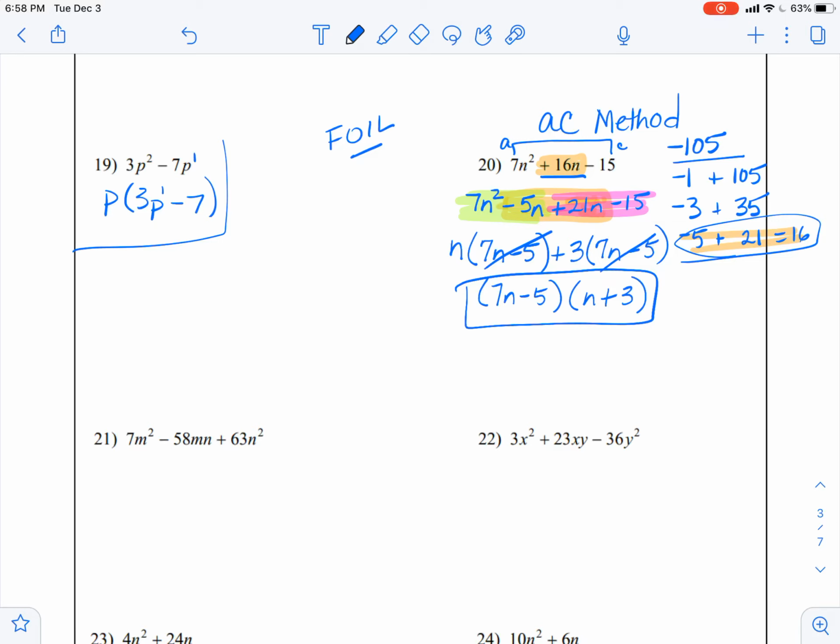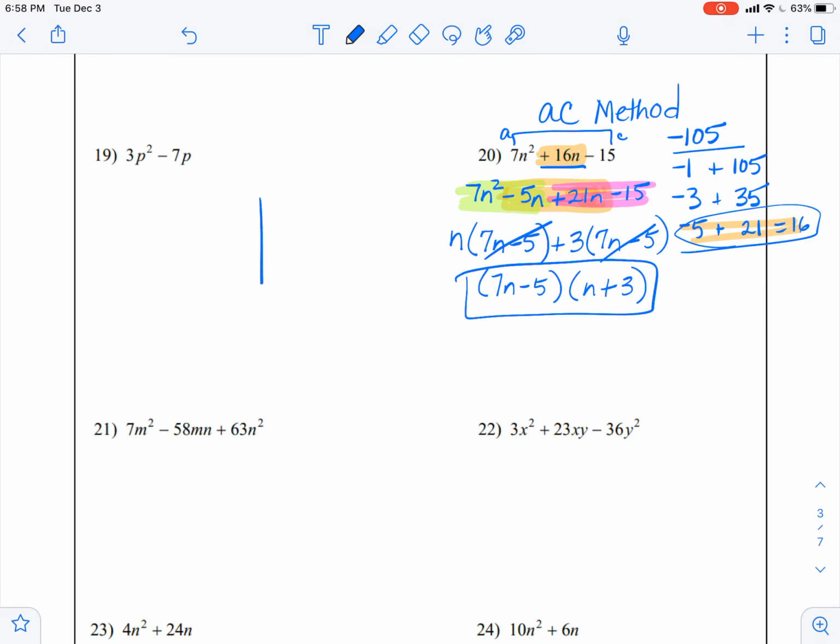Now, I do want to back up and show you one more thing just real quick on this problem. I'm just going to clean up my board here. Because if you'll remember, we also did the box method when we multiplied. And for some of you, you might like the box method for factoring also.